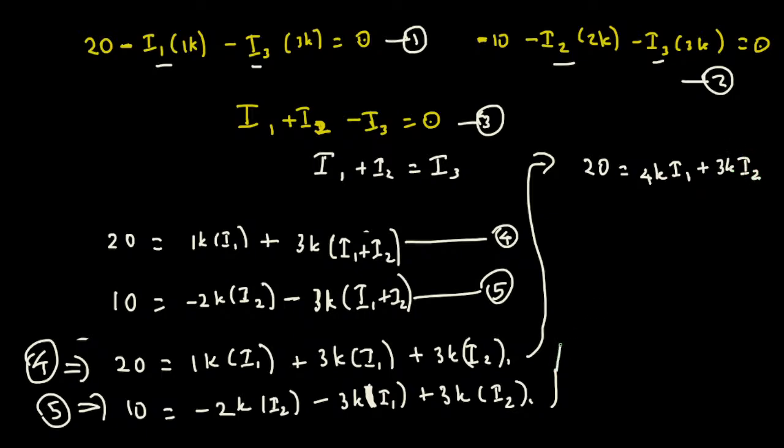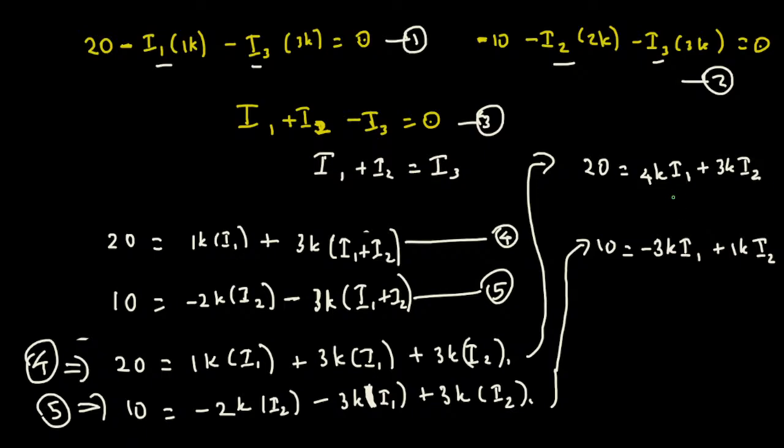And the other one, that is 10, is equal to minus 2k I2 plus 3k I2, that's 1k I2, and then minus 3k I1, plus 1k I2. Here we can do something to eliminate one variable, so we can find the unknown variable.